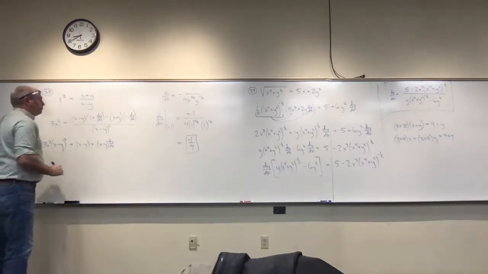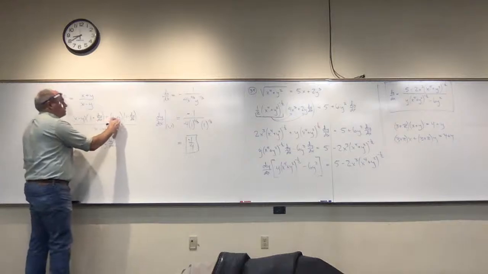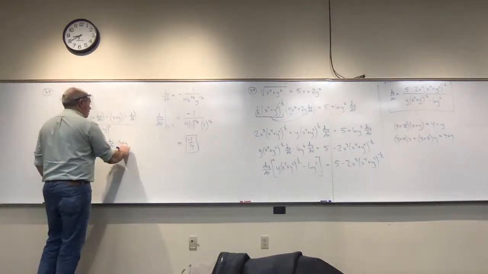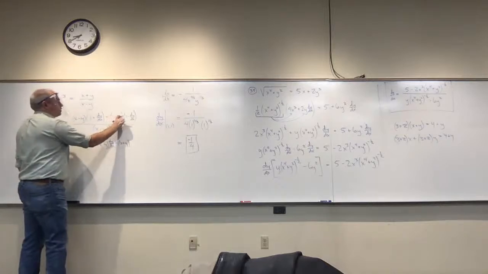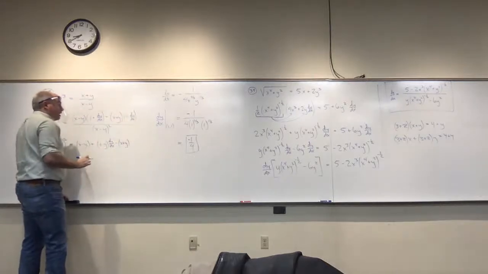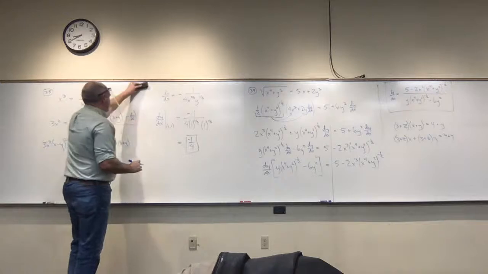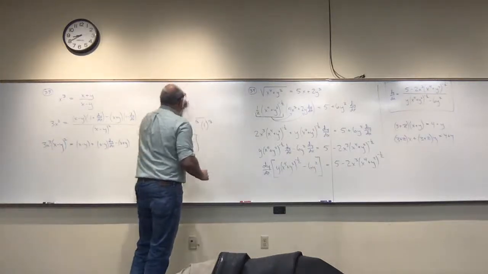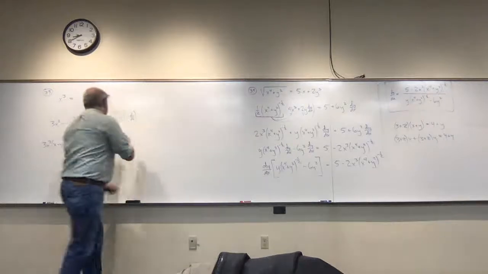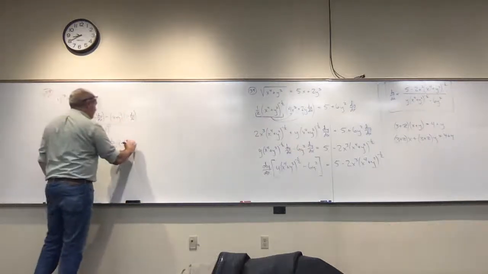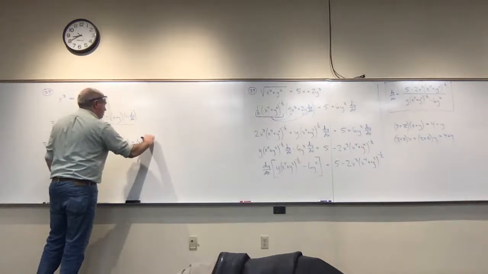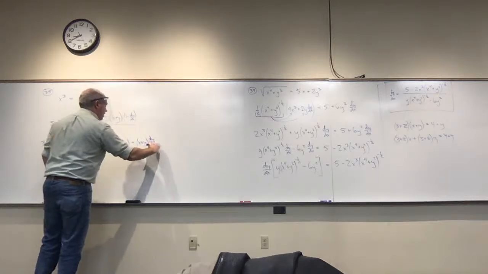Then I get minus x plus y times 1, so minus x plus y. Then I get minus x plus y times minus dy/dx, and a minus times a minus is a plus, so plus x plus y times dy/dx.